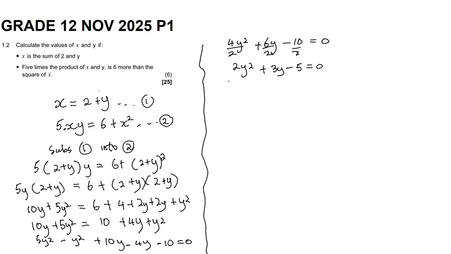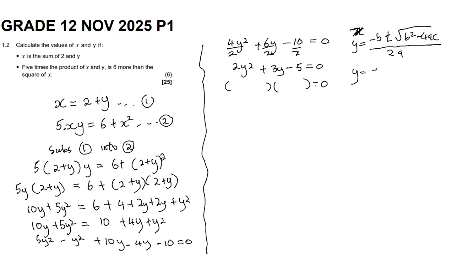So to find the factors of these, you can either use perfect square or you can use the quadratic formula, which says, in this case, y equals minus b plus or minus the root of b squared minus 4ac, all this divided by 2a.